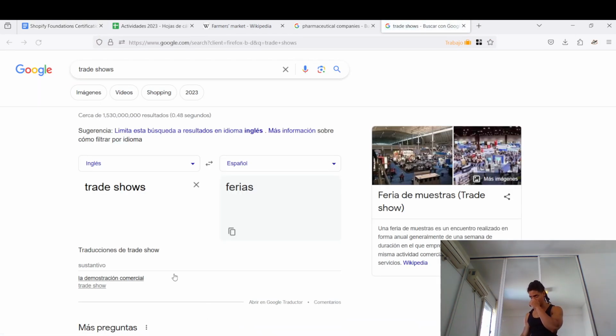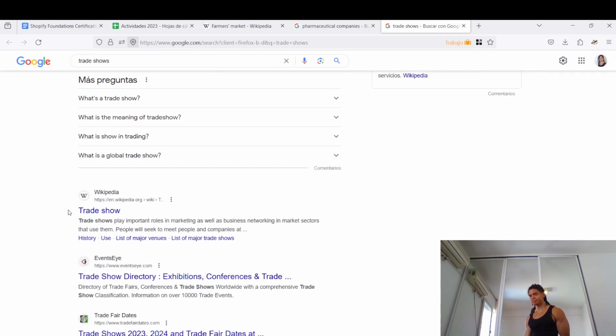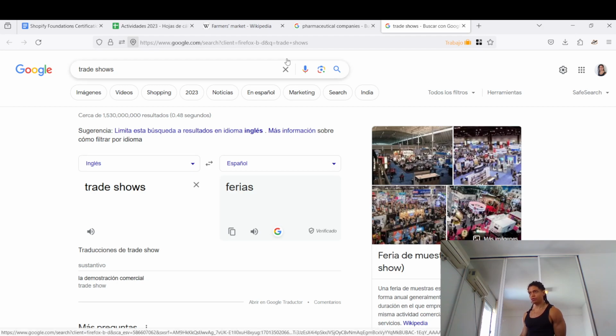Examples of trade shows are sporting or motorcycle, anime, guns trade shows. The word itself tells you that. So trade show. All right.